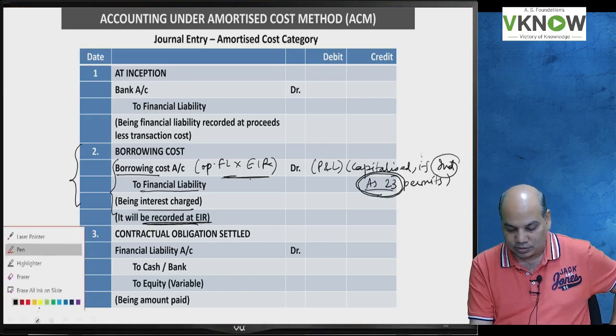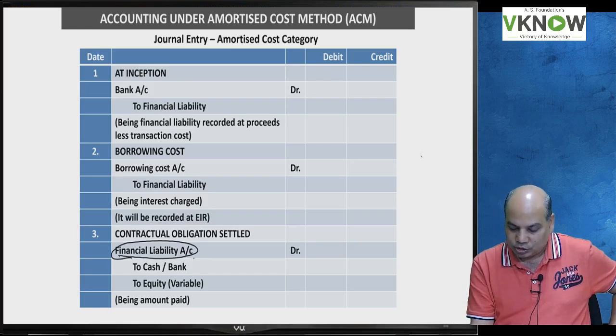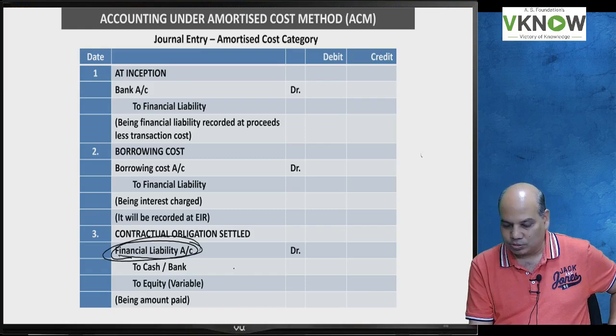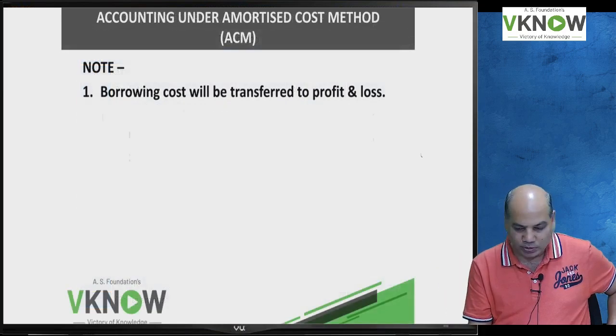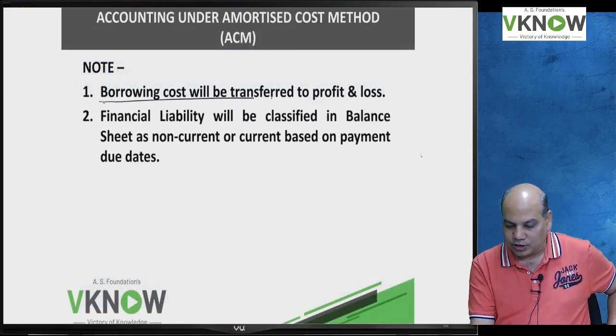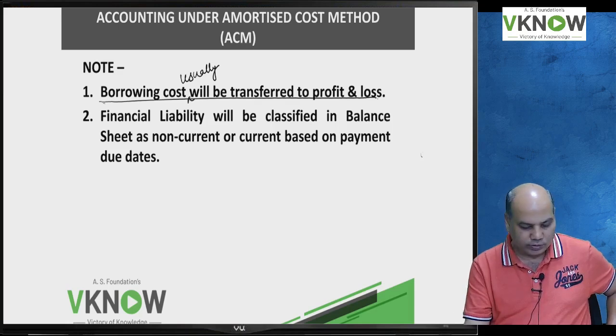So you will remember this calculation, and when you make any payment to the liability, you are basically fulfilling your commitment to pay the financial liability to the bank, or, in case a variable number of shares are to be issued, the financial liability to equity, because a variable number of equity shares will make the instrument a liability. So this is the entry you will pass. Borrowing cost usually will be transferred to the P&L account.